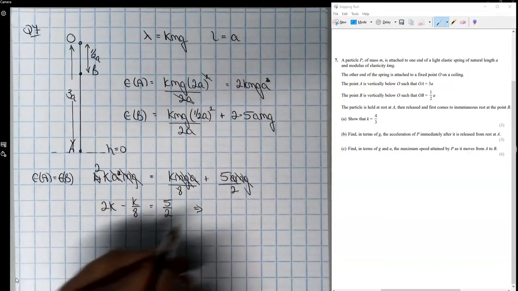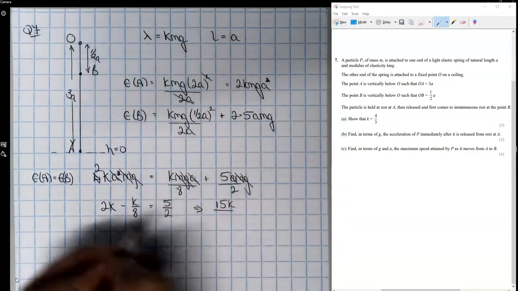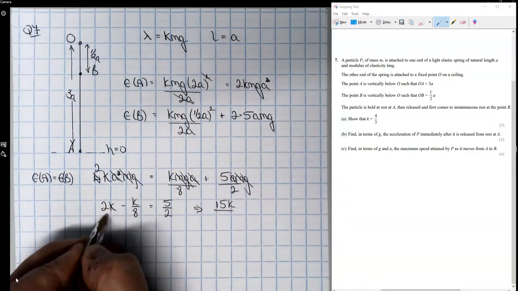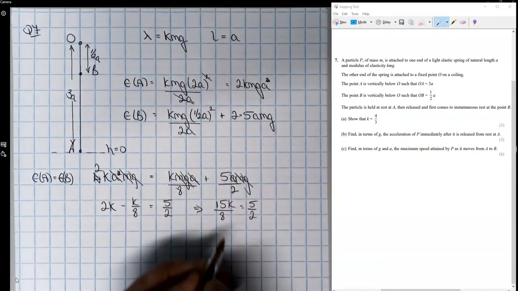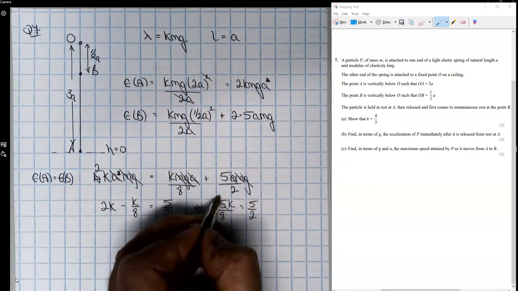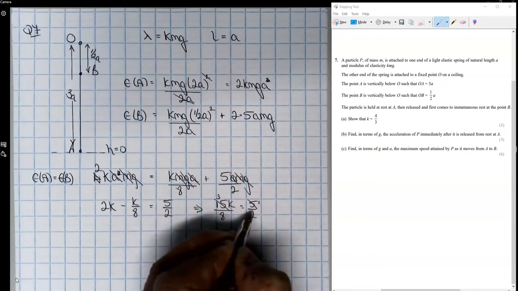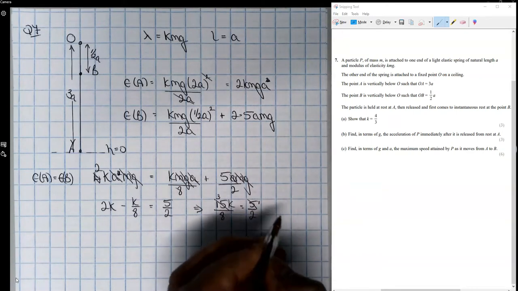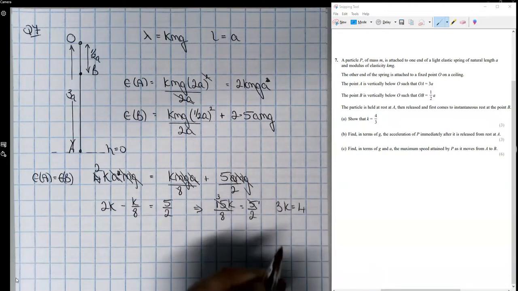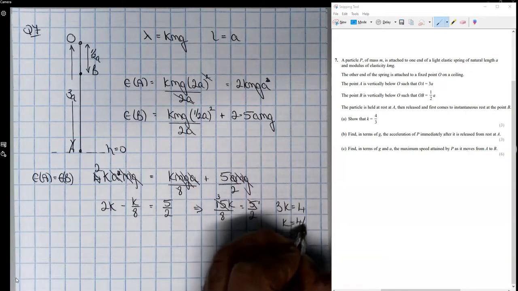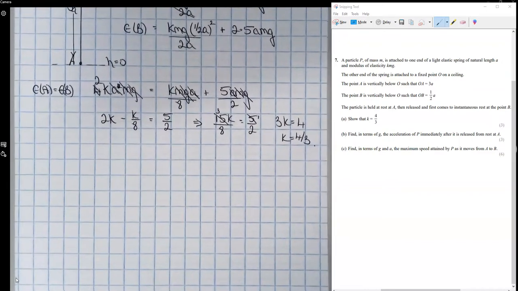So this is 16k over 8 equals 5 over 2. Divide by 5, clearly you can just use a calculator, times by 8, so we get 3k equals 4, so k equals 4/3. Okay, that's the first part.